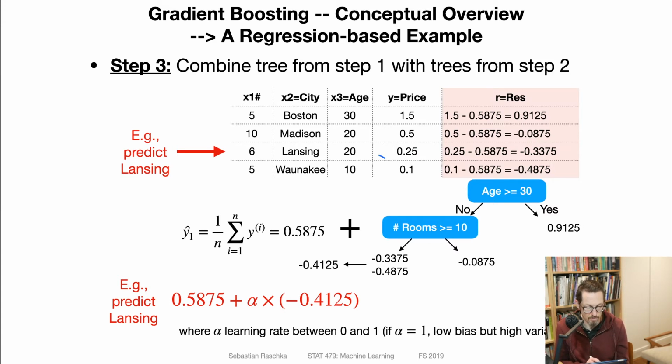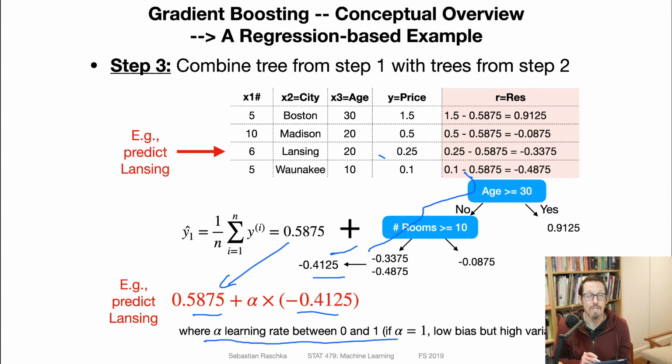We're going to get 0.5875. And Lansing goes over here and comes out to 0.4125. And that hops down and over here. And finally, there's some sort of learning rate because this is a gradient method. We're going to incrementally, online, head towards this solution.